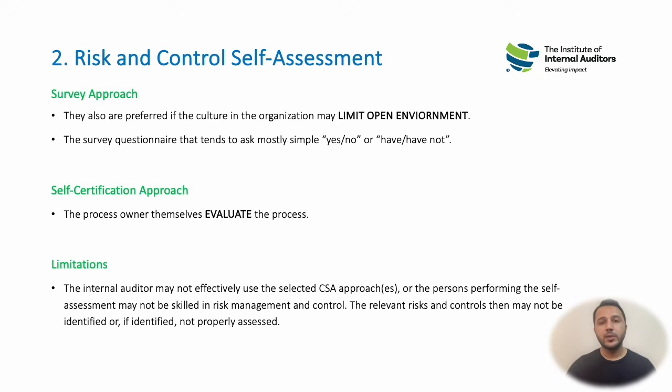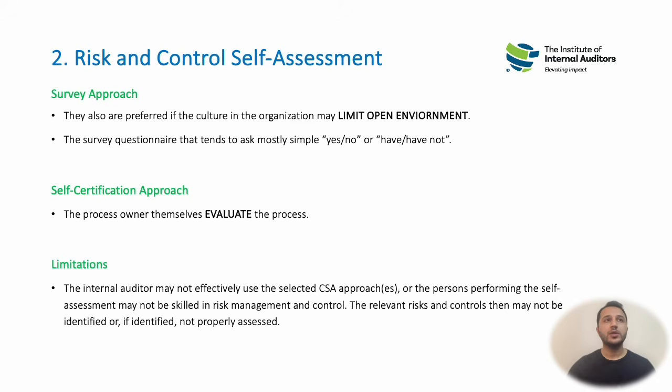So keeping those limitations in mind, we have to design the CSA program within the company in a manner where we educate the individuals, we help them, we facilitate them, we document them, we follow a formal approach, and we see what is the culture, and accordingly we can use the proper type of CSA, be it workshop based or surveys or self certification.